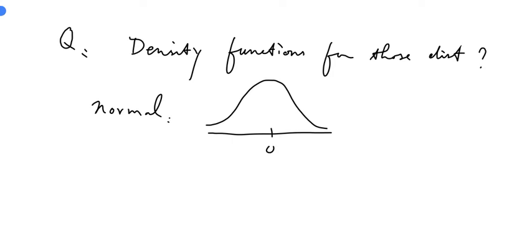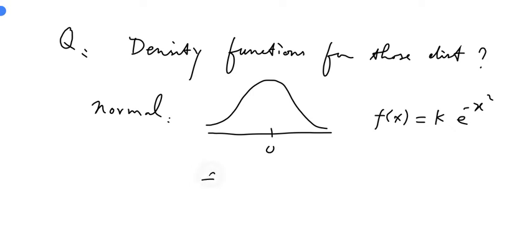So the function should look simply like negative x squared, right? But here we need to find the constants that make this function a density function. So it means the total integration should be 1.